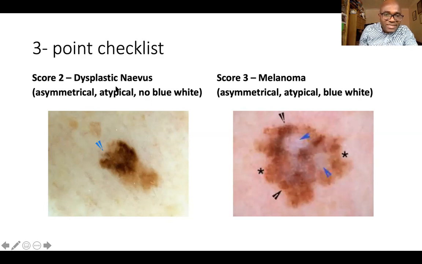This is a dysplastic nevus, which has asymmetry of pigment and also of color and structures. So you can see the asymmetry. It's also got an asymmetrical shape. It's also got an atypical network there. You can see the distribution of the network here is not the same. So this is an atypical network, but there are no blue-white structures here.